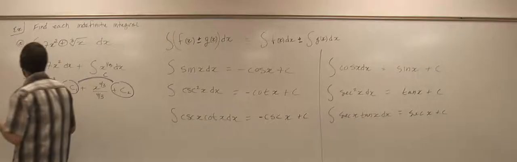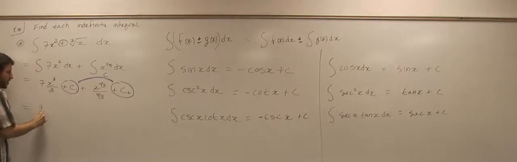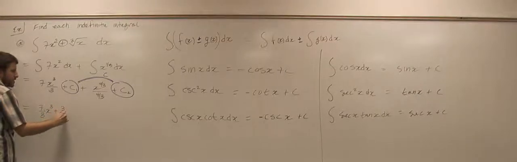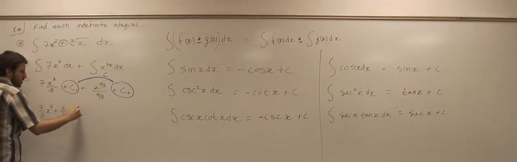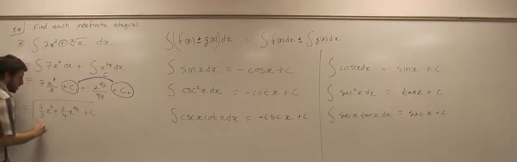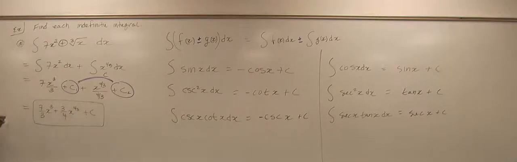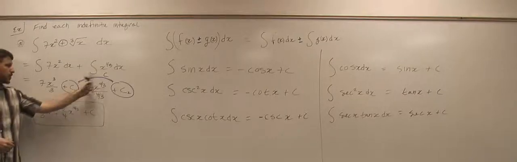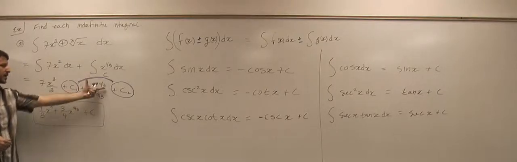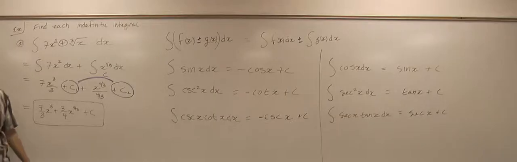So I'm going to write this final answer as 7/3 x to the third plus 3/4 x to the 4/3 plus c. Even though I broke it up into two integrals to make it a little easier, I still only end up with one constant at the end by combining these into a single one.